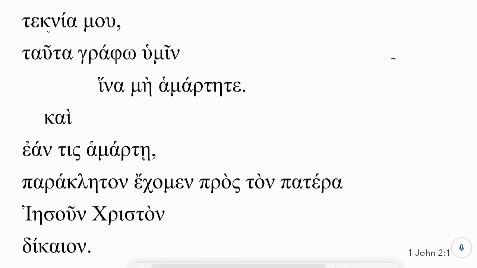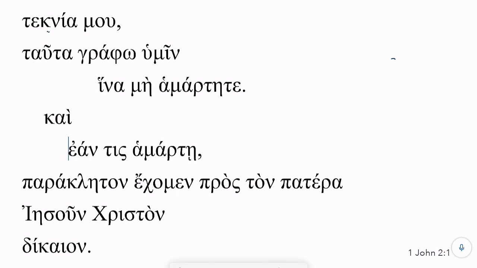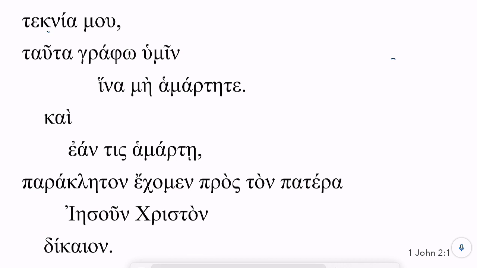In order that if someone sins, and you don't want to confuse that with the kai, you indent the if, then understood, we have a paraclete with the Father. Who is that paraclete? It is Jesus. And who is Jesus? He is the just one.